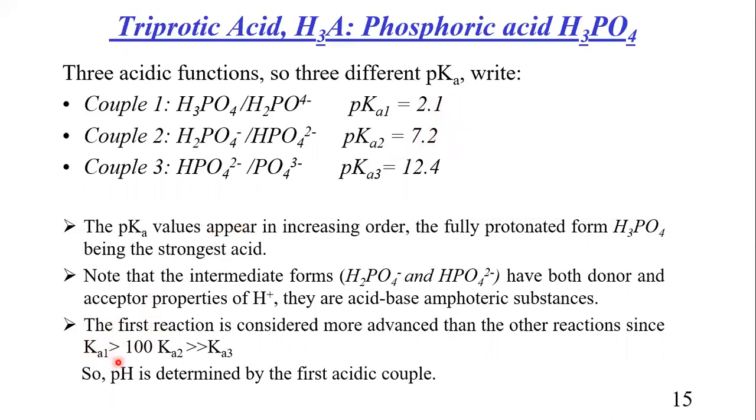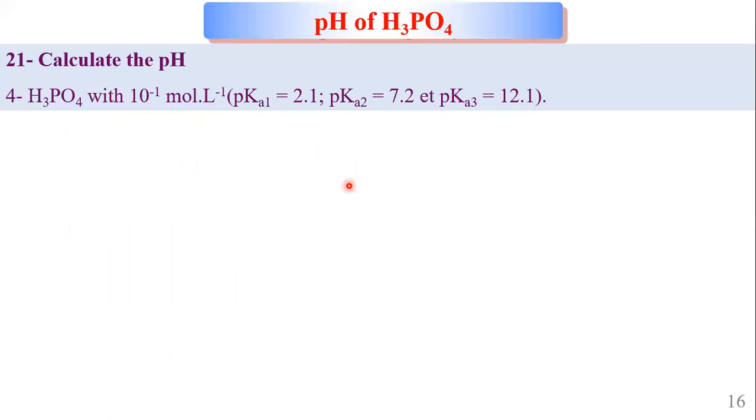And Ka1, as long as it's 100 times greater than Ka2, which is usually much greater than Ka3, but if Ka1 is greater than 100 times Ka2, we are allowed to determine the pH from the first acidic couple alone and neglect all the other equations, the acidic equations, that is. What am I talking about? Well, you're not really going to understand till I solve an actual problem.